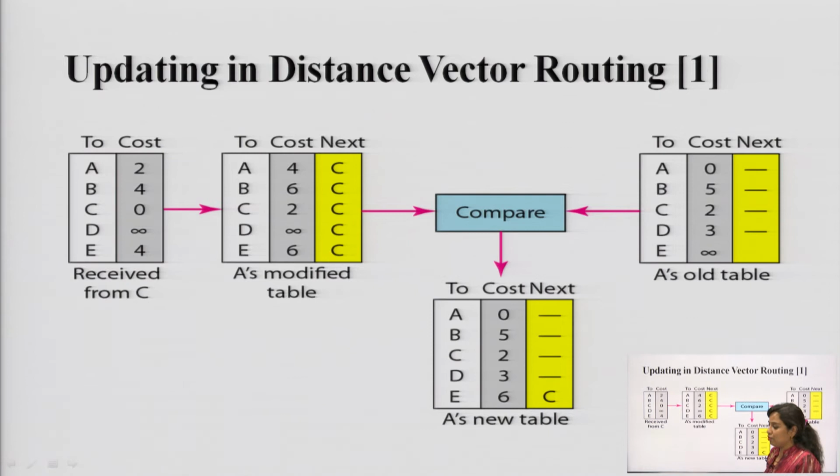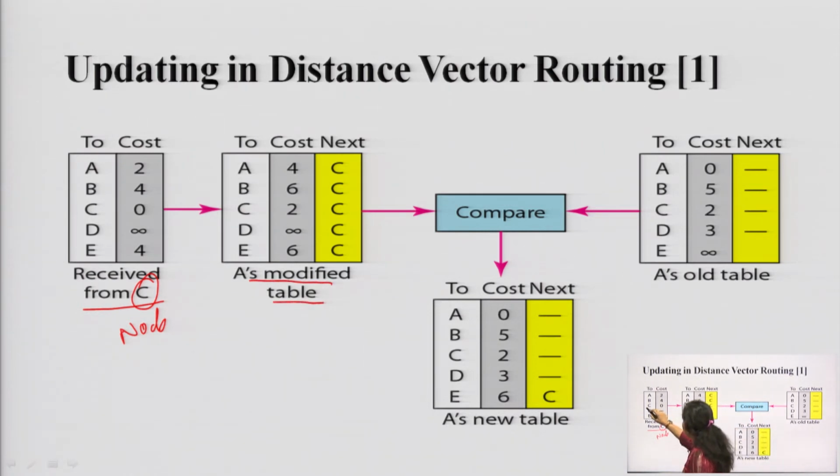Then this is the case for updating in the distance vector routing. How will the data be updated? You can see that this is the packet which has been received from C, C is the node. If this packet has been received, then it has to follow this one. So, A's modified table is shown over here. If you can see over here, this has been changed, C to D is the same, B and A. So, this will be appended, meaning this is how updating in distance vector routing will be made.